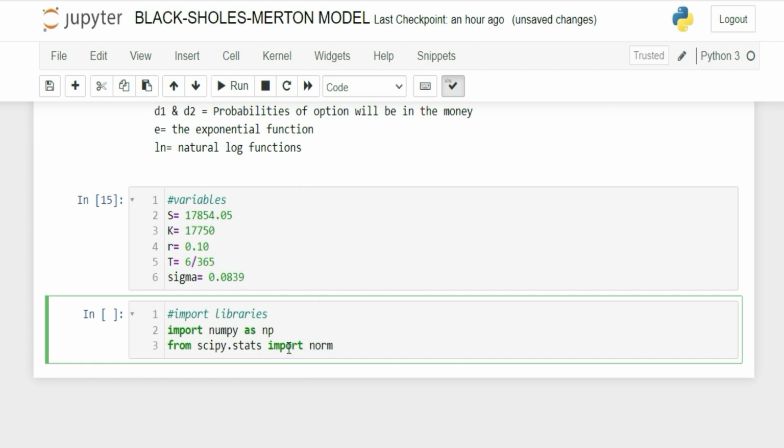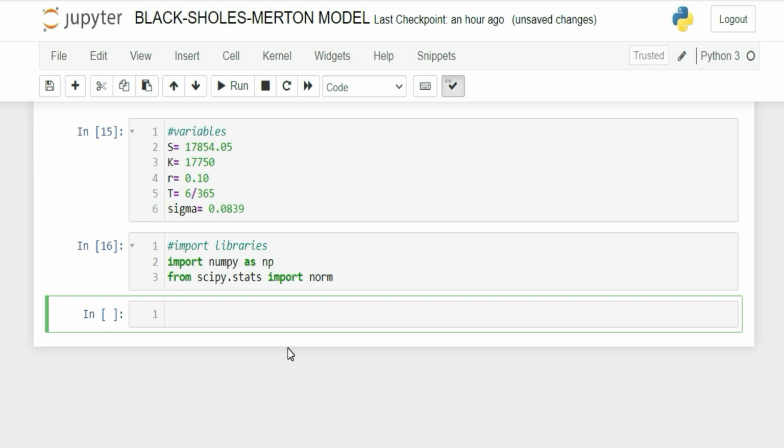All right, these two libraries we need. So let's do it one by one.